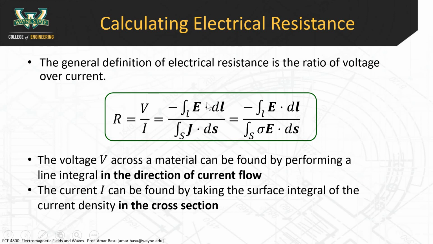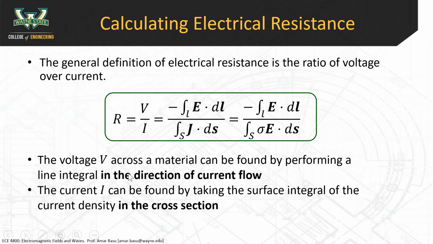It turns out that both of these can be put in terms of the electric field. At the top you have the integral of E dot dl, but J is equal to sigma times E. That's the definition of the current density. So now you have something in terms of the electric field on top, and something in terms of the electric field on the bottom.